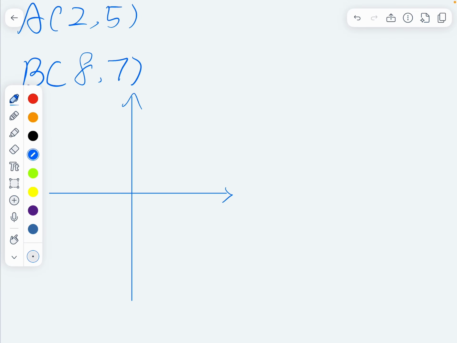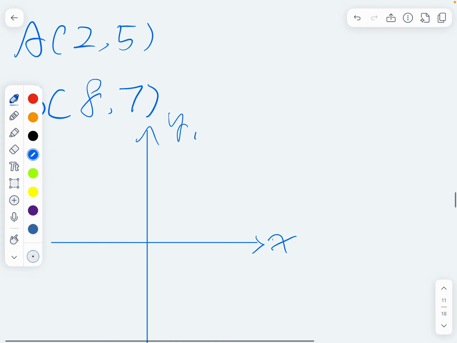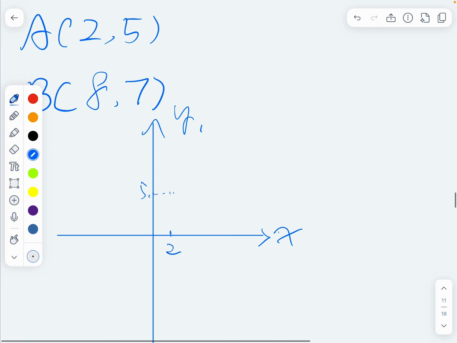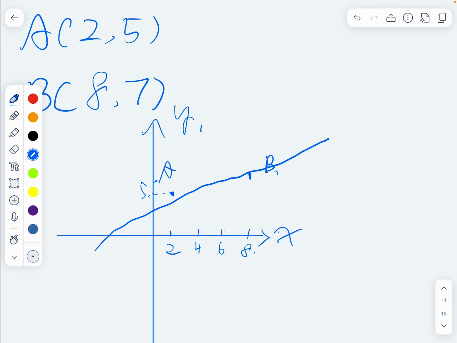Draw the coordinates, x and y. A is (2, 5) and B is (8, 7). Connect A and B.